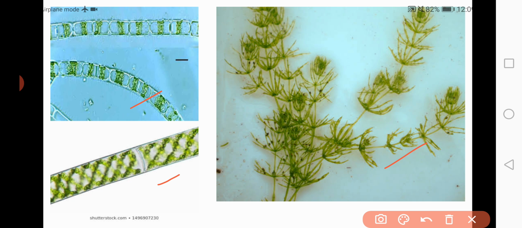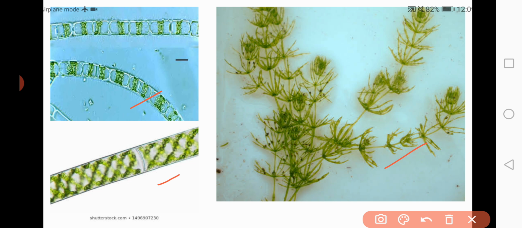Am I clear? So in the class Chlorophyceae members, the thallus may be unicellular, colonial, or filamentous. They are grass green in color due to the presence of the pigments chlorophyll A and B, and the shape of the chloroplast may be different in different species.